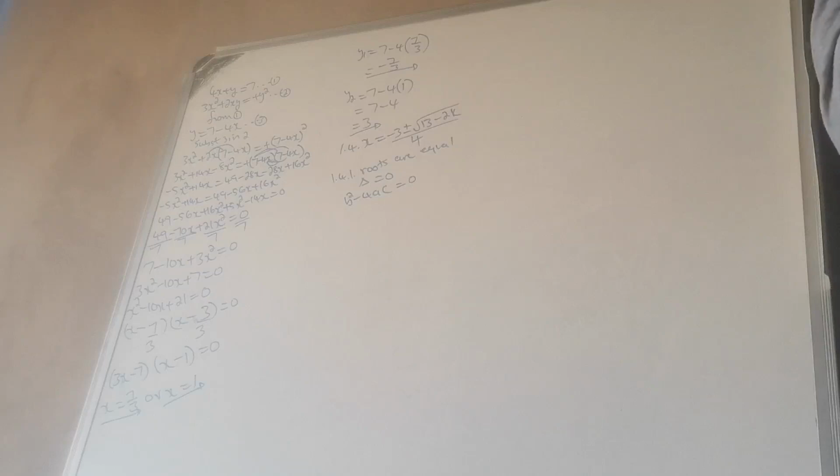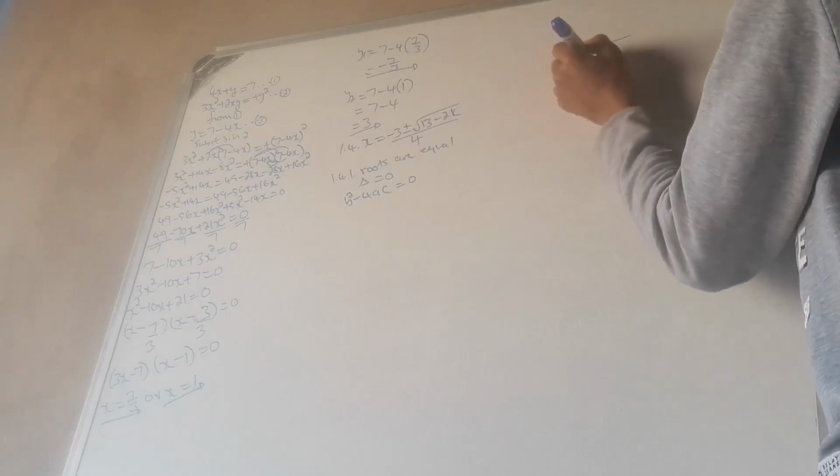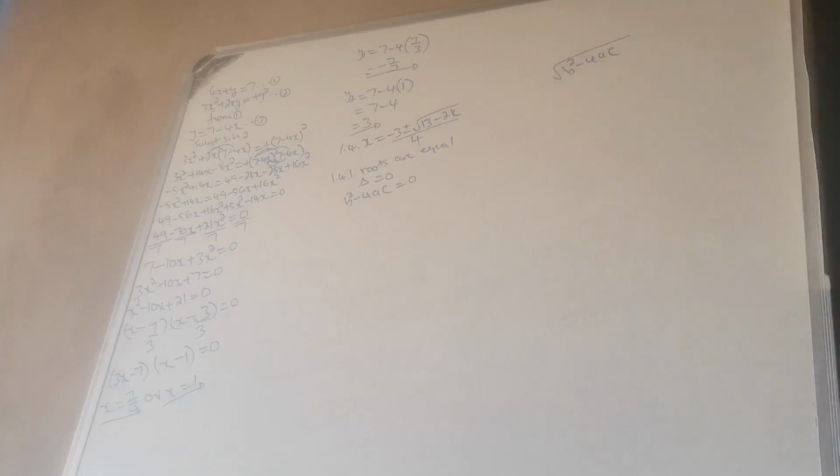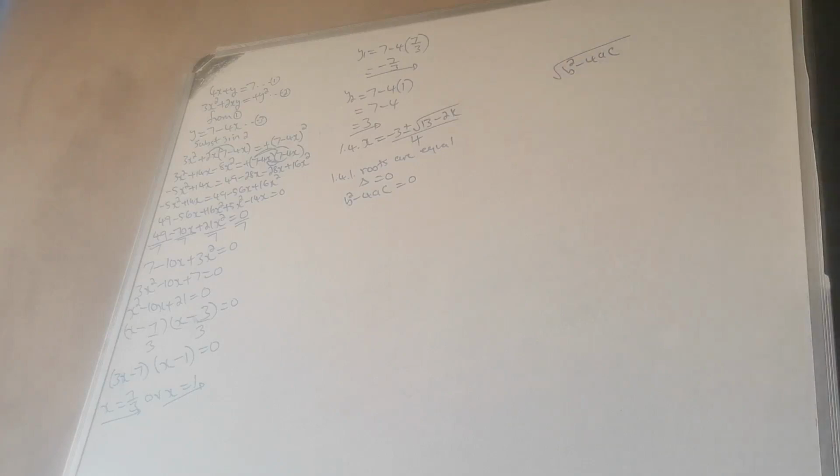I know that the value under the square root is b squared minus 4ac. Here, the value under the square root is 13 minus 2k. So, how do we do this?